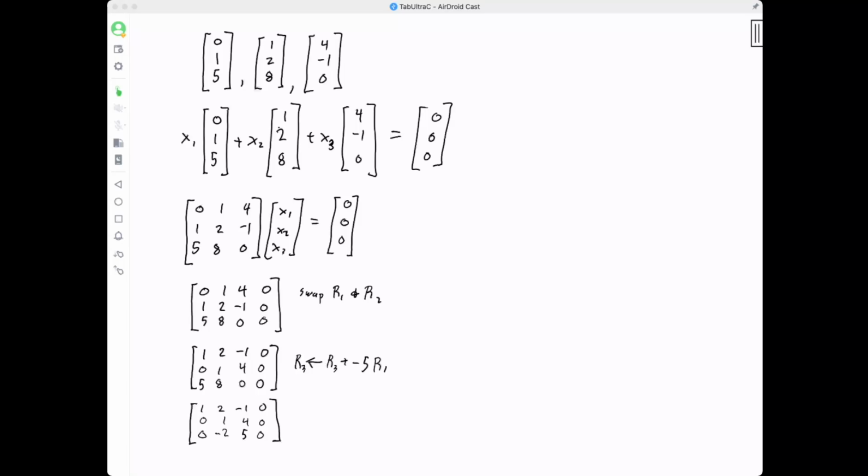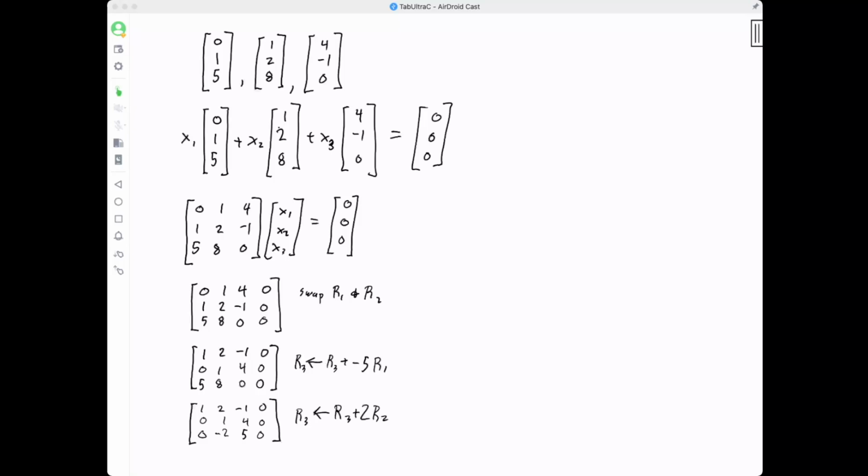Now I move on to the second row, and I want the leading entry to be a 1. It already is, so I'm going to use that row to zero out everything below it. I replace row 3 with row 3 plus 2 times row 2.